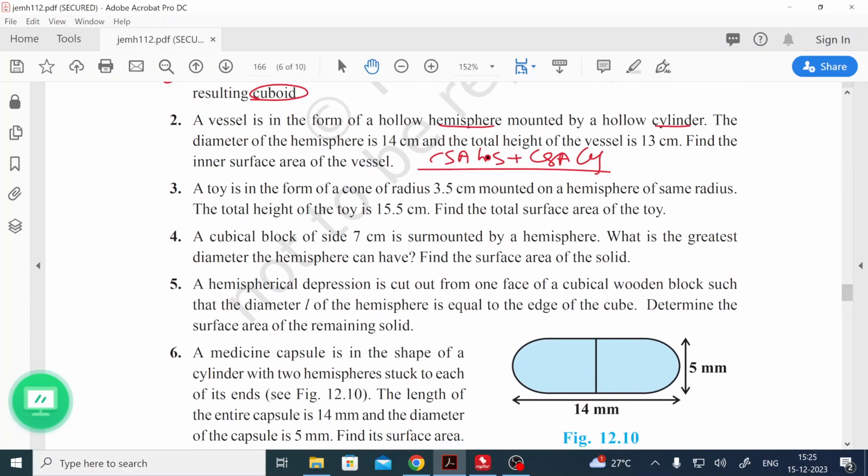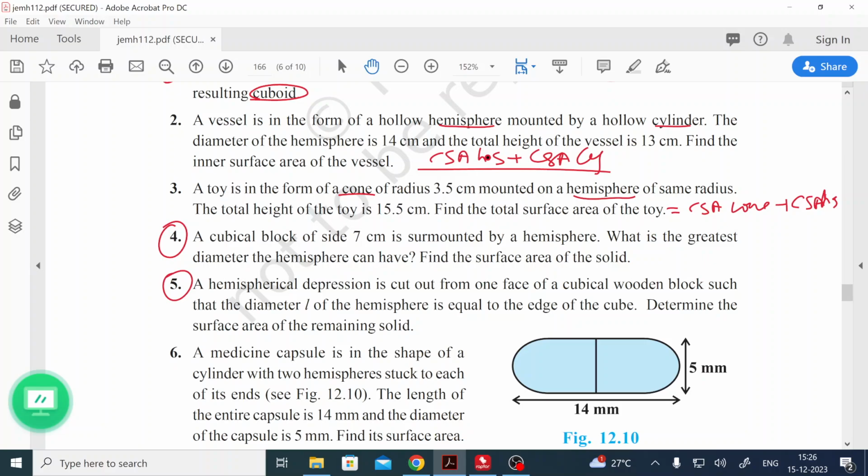And third, a toy is in the form of a cone and hemisphere. There is no word solid. Then this also, CSA of cone plus CSA of hemisphere. Do you understand? CSA of first shape plus CSA of second shape. 4 and 5, I told you when I did example 2.